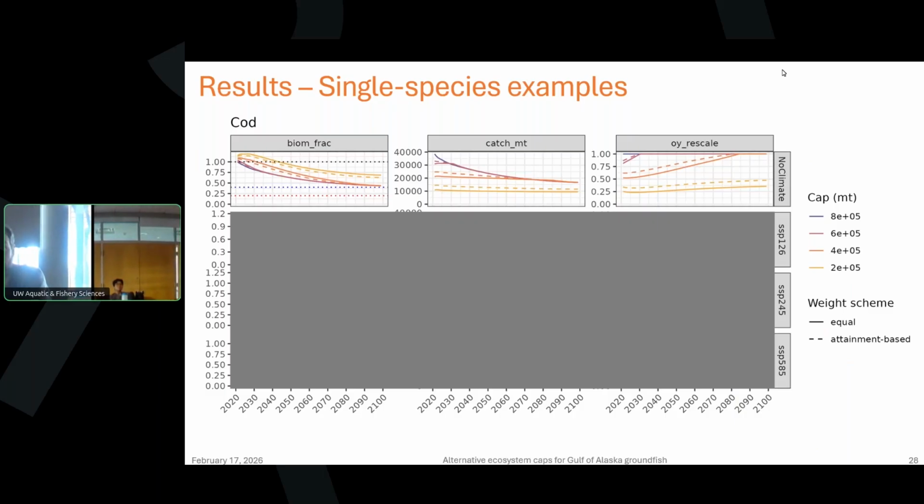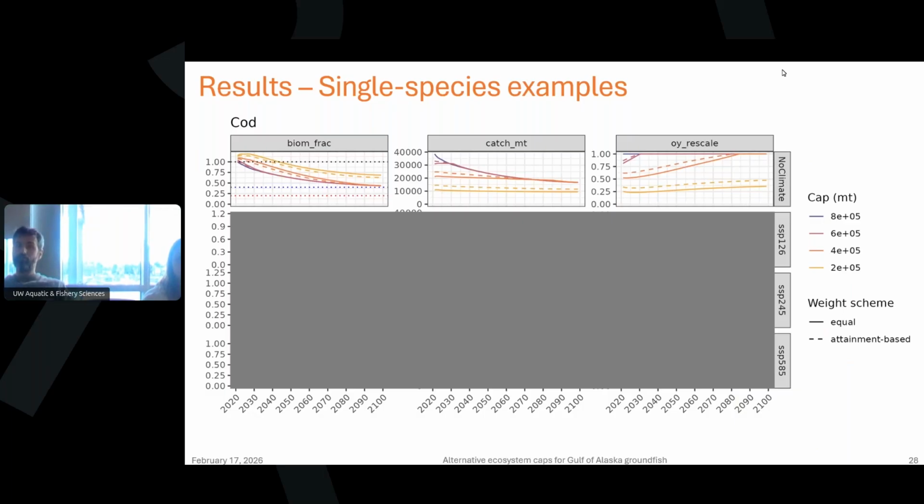Yeah. I mean, the multi-species status at the beginning is relative to multi-species B0. So this is multi-species B0, not single species B0. So it's cod's B0 in the sense that it's when cod was at F equals 0, but all the other stocks were also in the model and were fished at some background value. So you've got to be quite careful when you define B0.